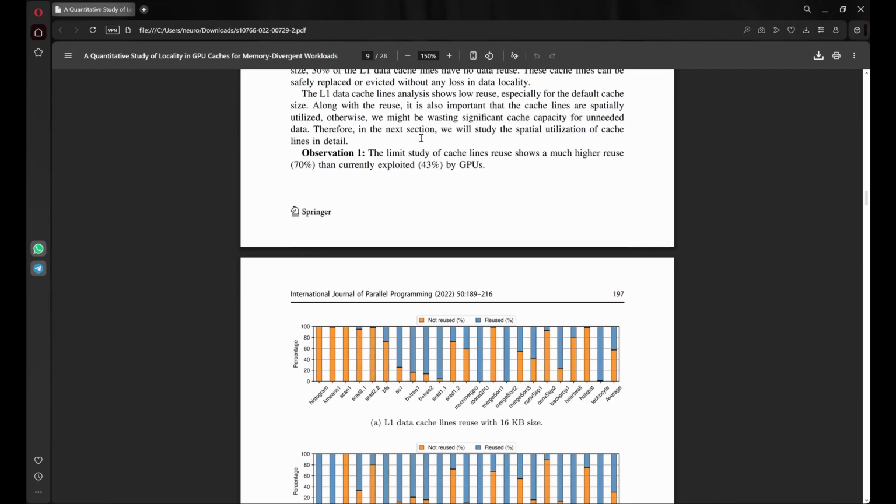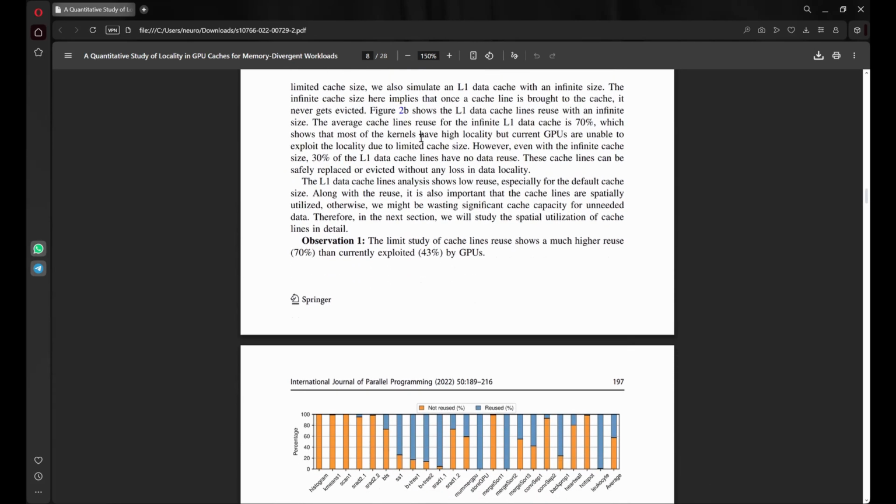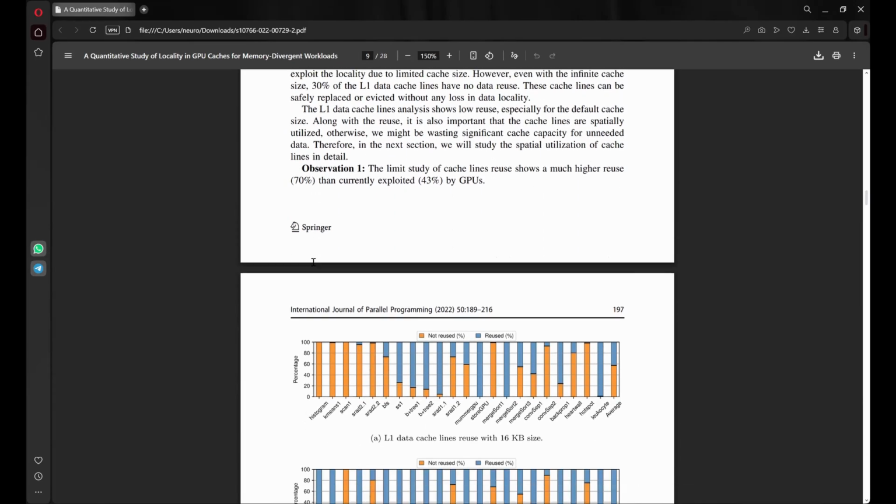But yeah, what this first section is trying to show is that maybe there's room for improving the spatial and temporal utilization, especially for GPUs, such that we can push this 70% average to 100%. Anything present in the cache will be there if it needs to be reused, and only evicted if it's never going to be re-referenced.